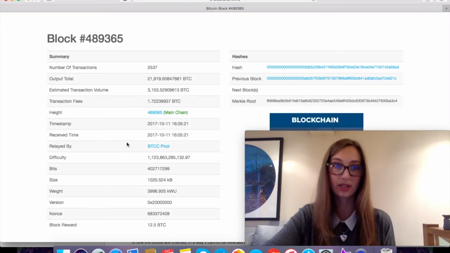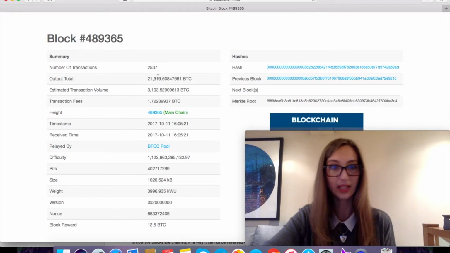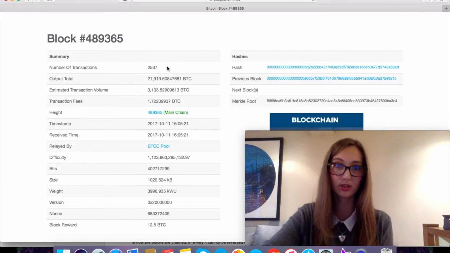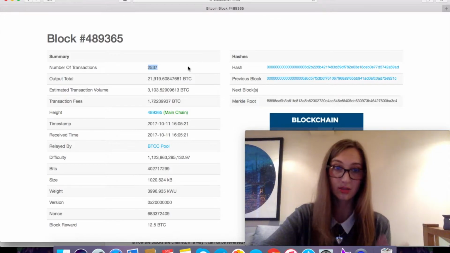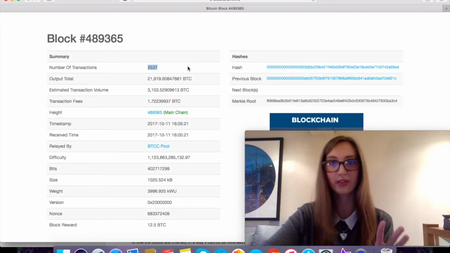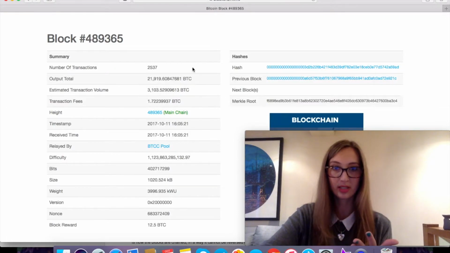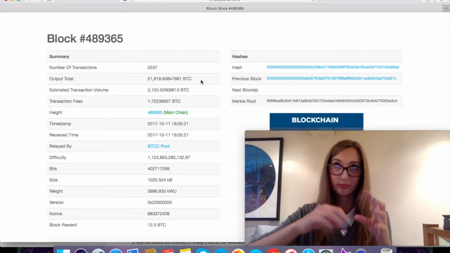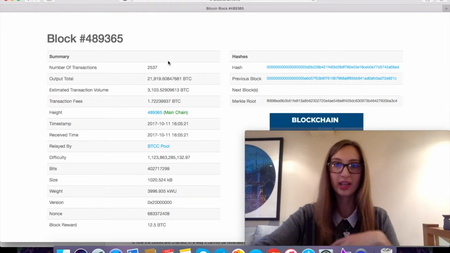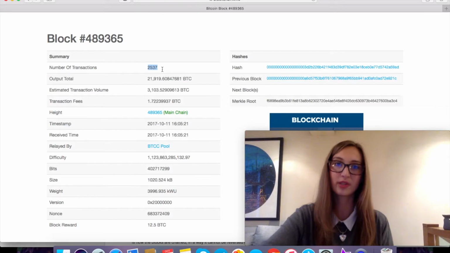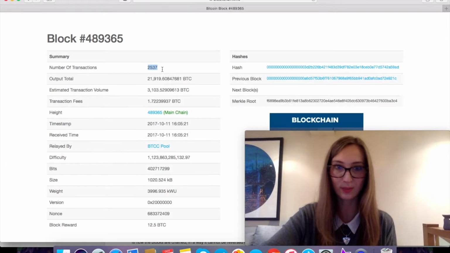On the left-hand side, we have a summary, and it contains the number of transactions. So for instance, in this particular block, there were 2,537 transactions. Output total represents the number of transacted bitcoins within 2,537 transactions.